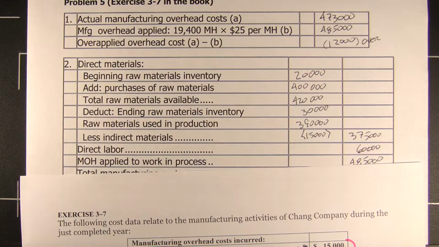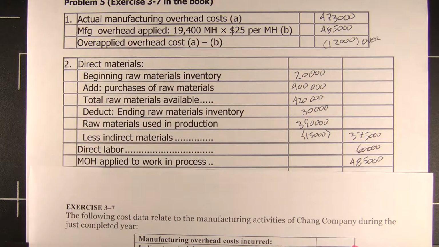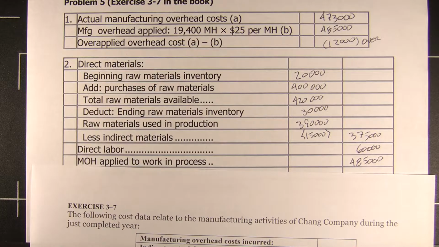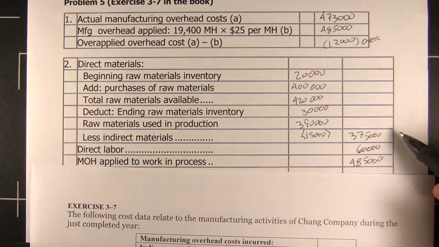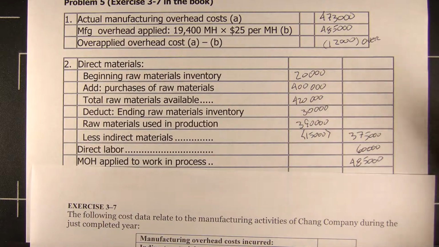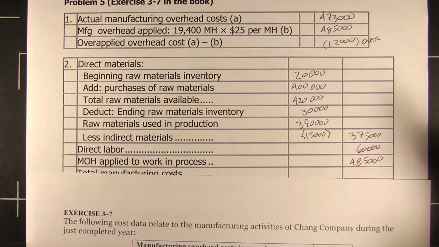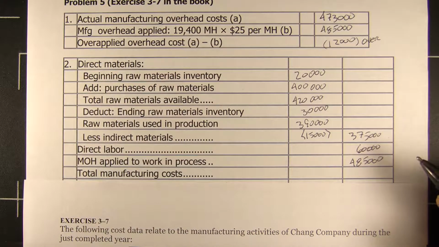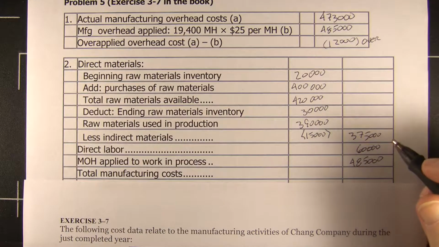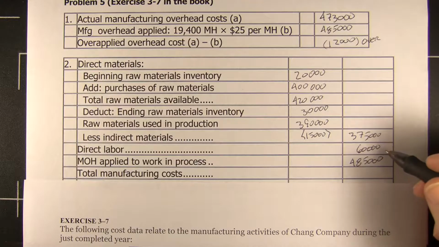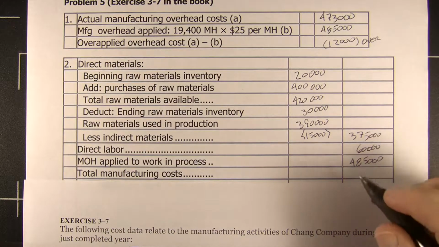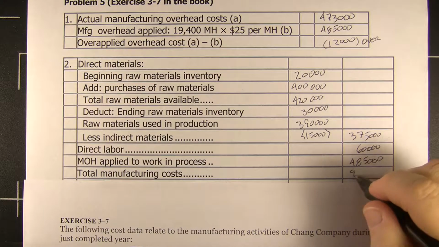So they're the costs that we added to manufacture this period. We added our materials, our labor, our overhead. They're the three ingredients of any process. And so the total cost of manufacturing, the cost that we added this period, $375, $60, $485, $920,000.